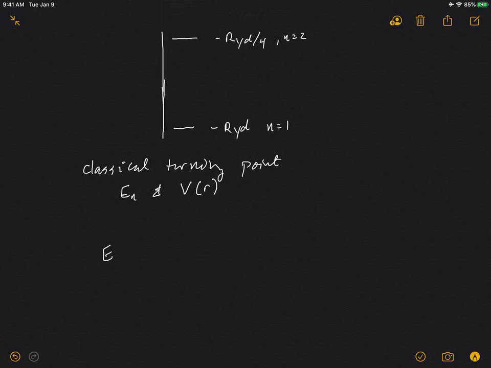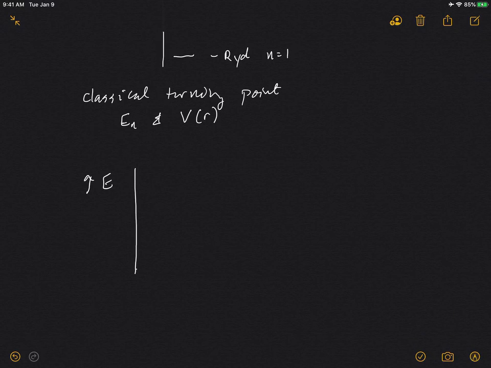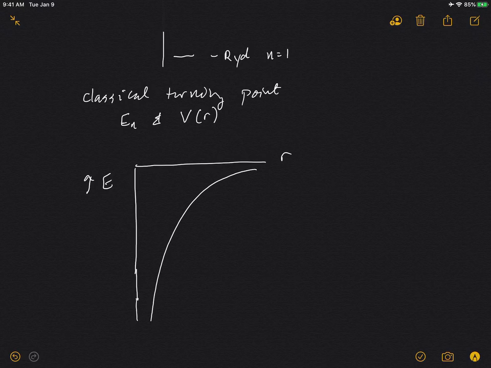So again, if we plot energy increasing, so that we have a potential curve, and then we have minus the Rydberg.